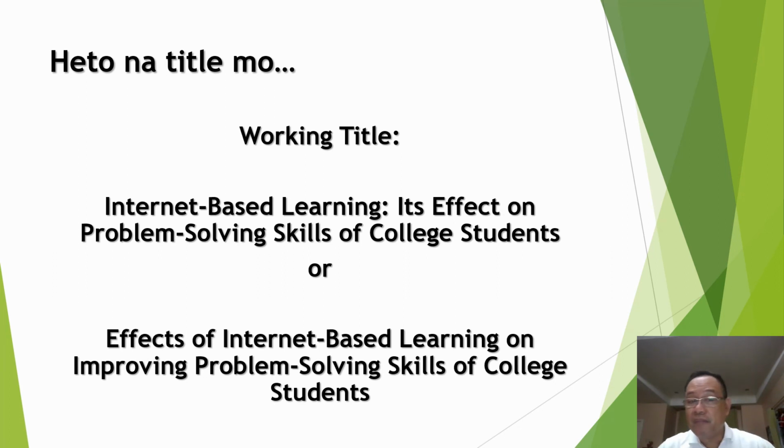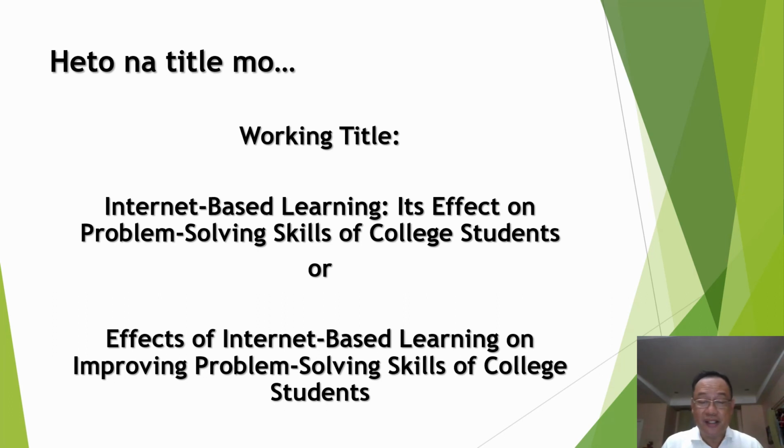In this research paper, you have identified a teaching strategy, which is internet-based learning, and you would like to discover its effect on the problem-solving skills of your respondents, college students.